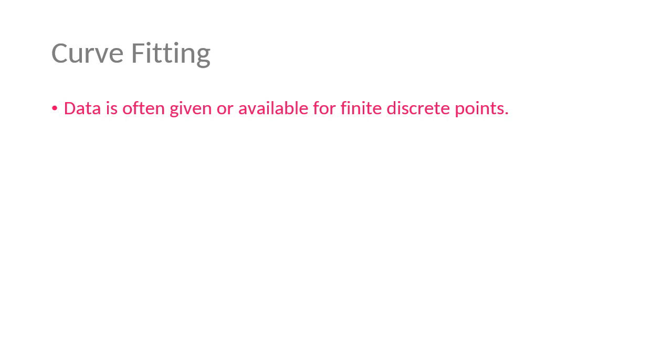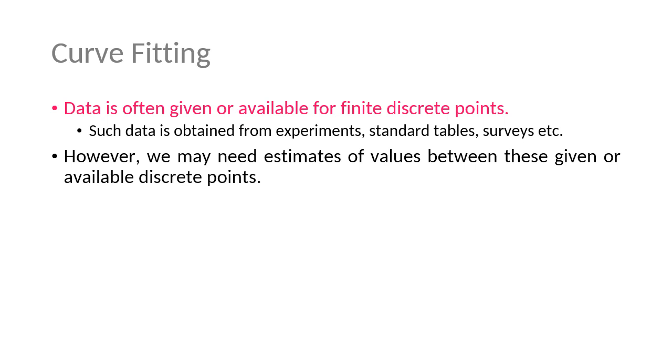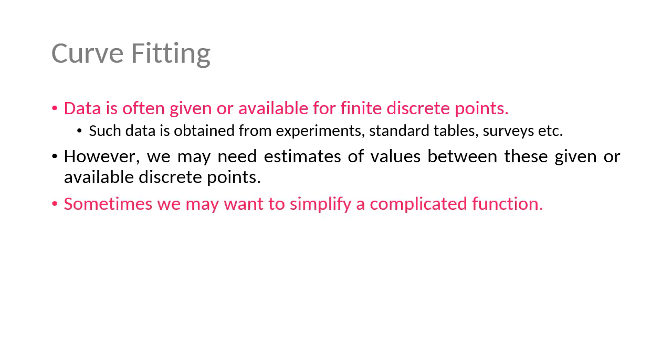Briefly, this is the explanation. Data is often given or available for finite discrete points, and this data is obtained from experiments, standard tables, surveys, etc. There might be other sources of this data. However, we need estimates of values between these given discrete points. Then sometimes we may want to simplify a complicated function.